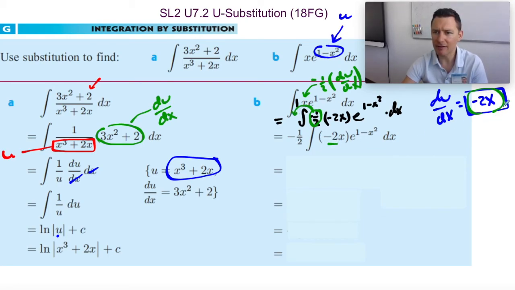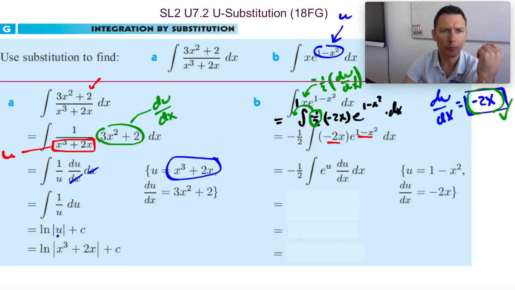And this is that derivative we're looking for, which puts us into a good spot for this substitution, because now we see a u here and u's derivative, right? So we have u and du dx. So that's what this part's about.